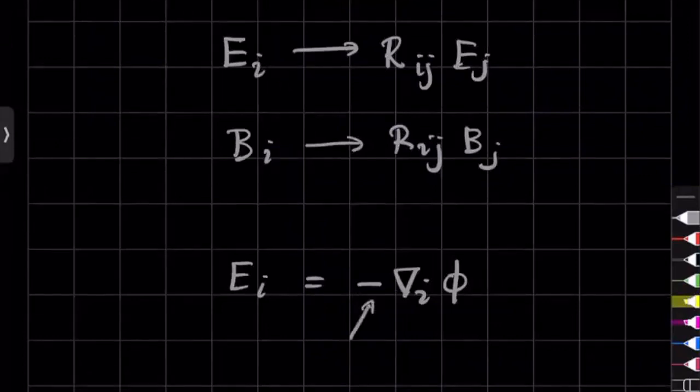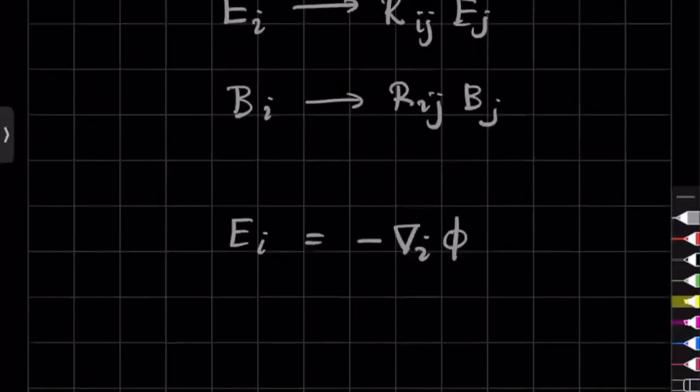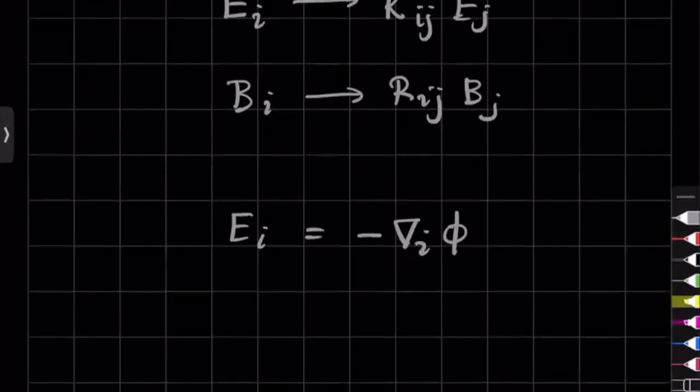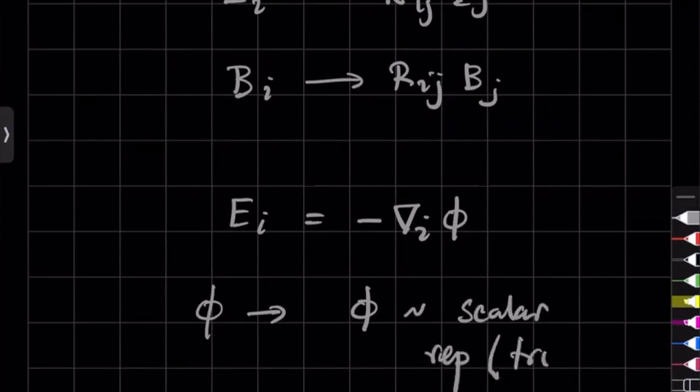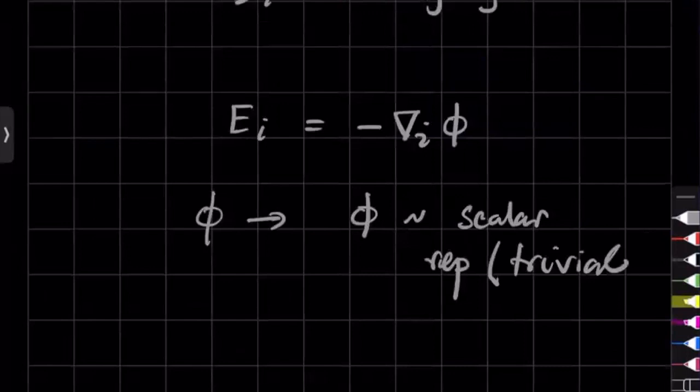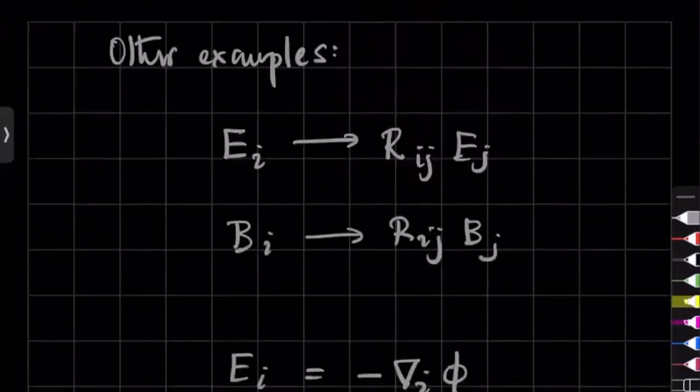Is there a minus sign? There is, right? Yeah, there is. Yeah, should be, otherwise it would be unconventional. So under rotation, it just remains unchanged. So this is a scalar representation or a trivial representation of SO(3), right? There is no R matrix. Okay, is that clear?